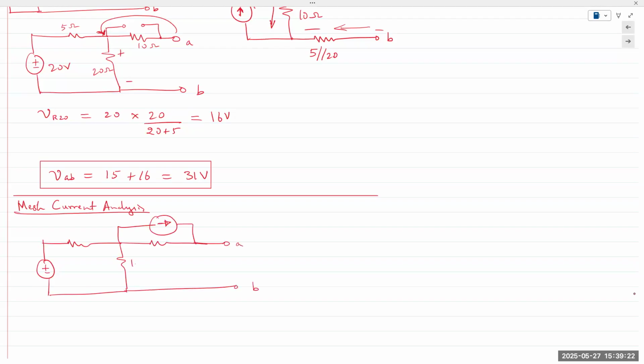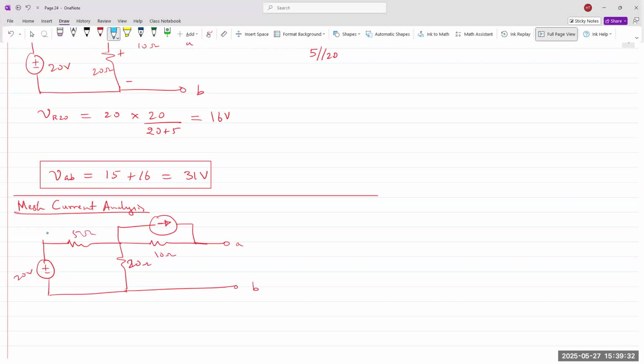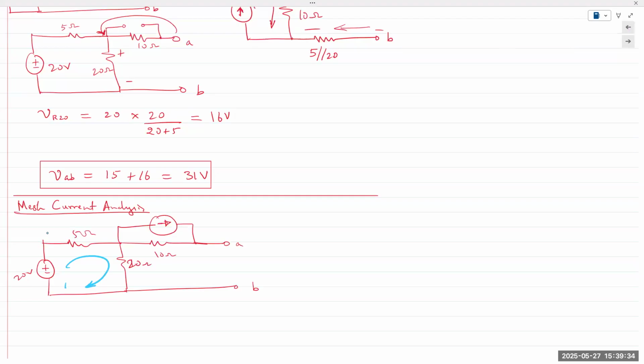A, B, 20 ohm, 10 ohm, 5 ohm, 20 volts. Let's assign two mesh currents, let's say I1 and I2.